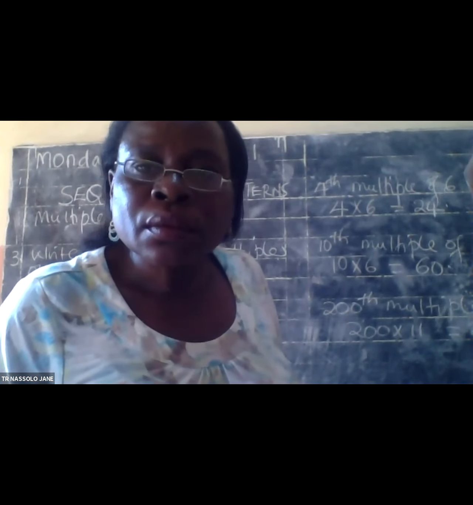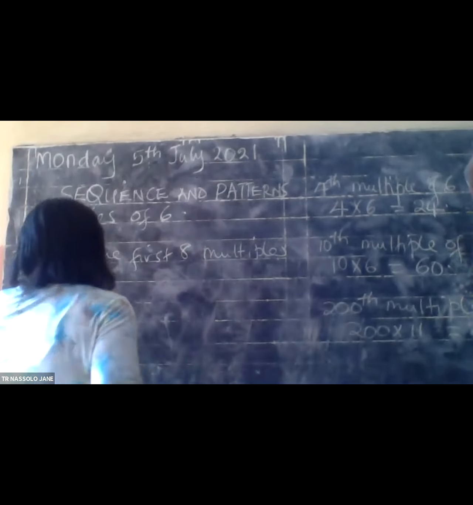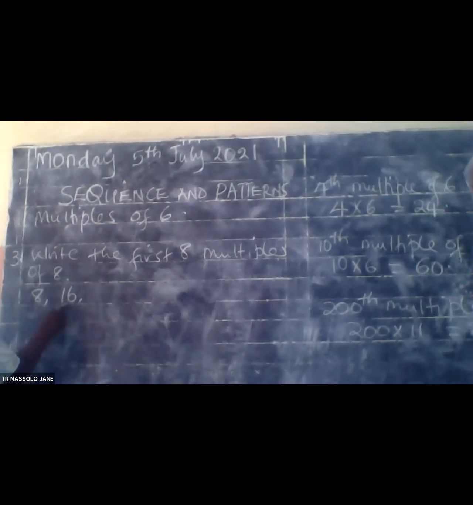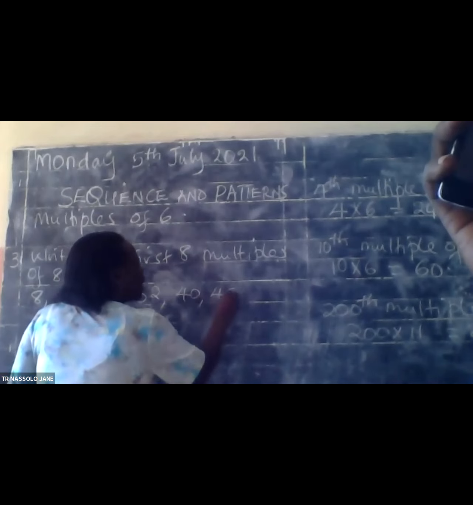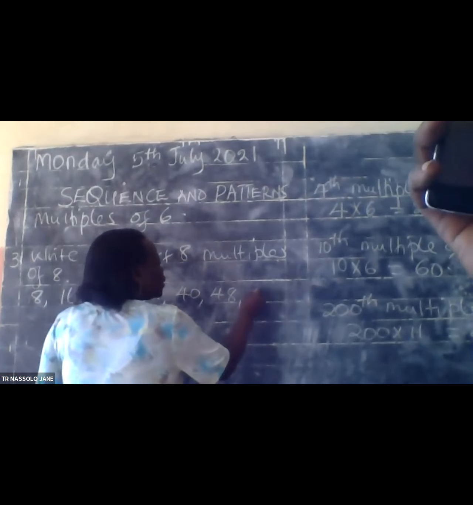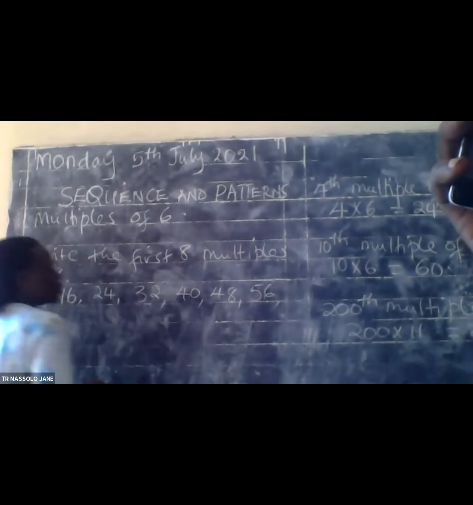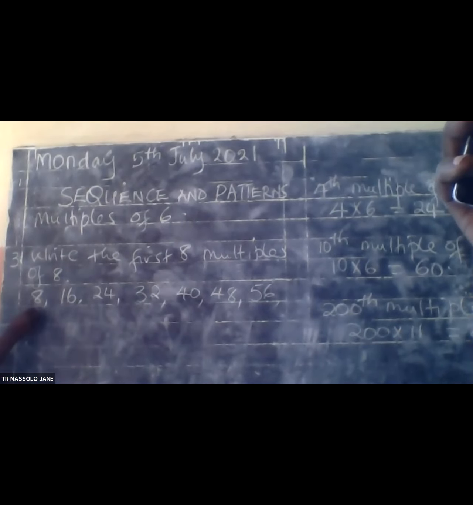The multiples of 8 are 8, 16, 24, 32, 40, 48, 56, 64, and 72.